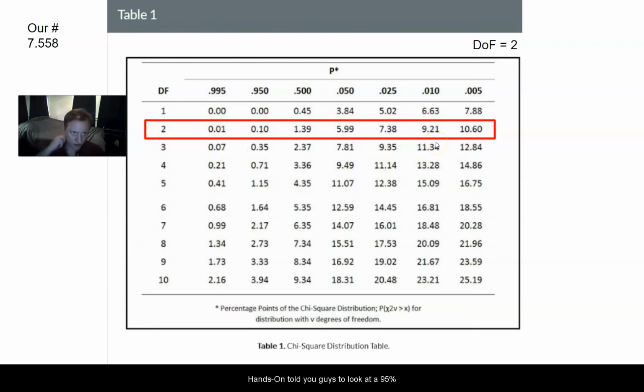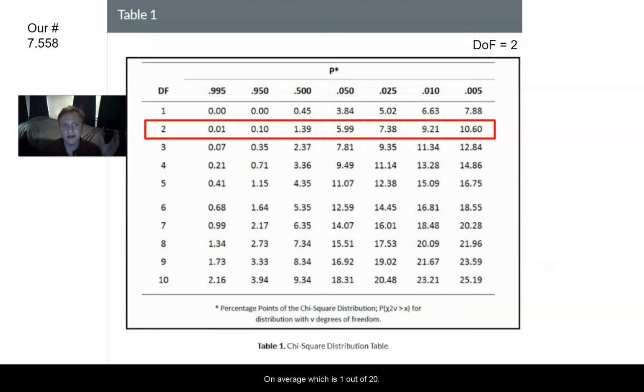Now, hands-on told you guys to look at a 95% confidence level, which, by the way, is not really all that great. That means that 1 out of 20 times our values will statistically deviate from our expectation on average.